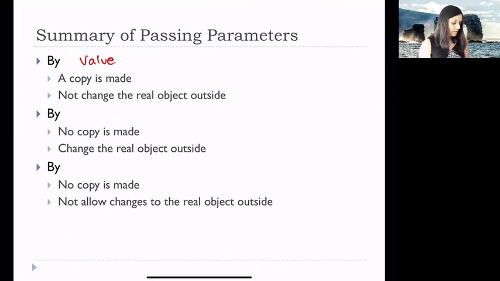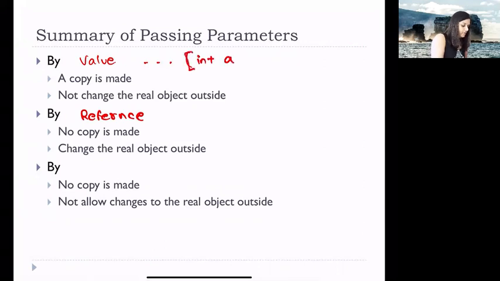The second case is when we do not make a copy and the real object is changed outside the main function. That's the case when we pass by reference. Pass by value is something like int a, and pass by reference is something like int ampersand a.